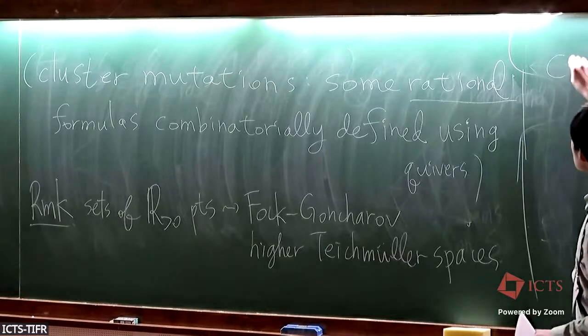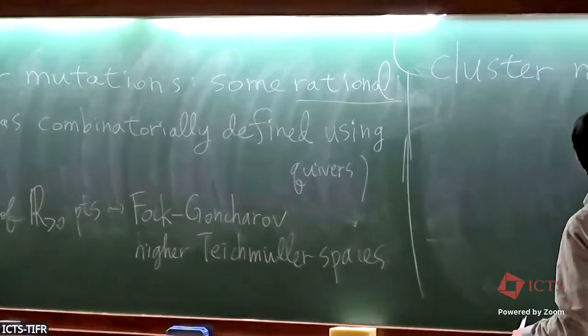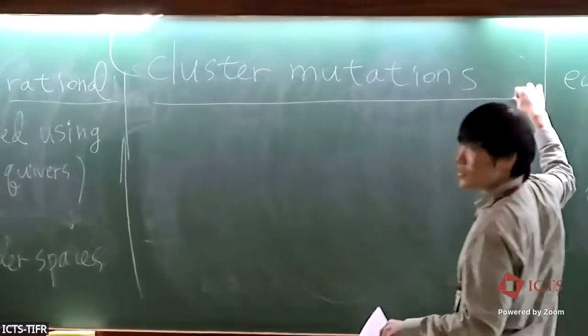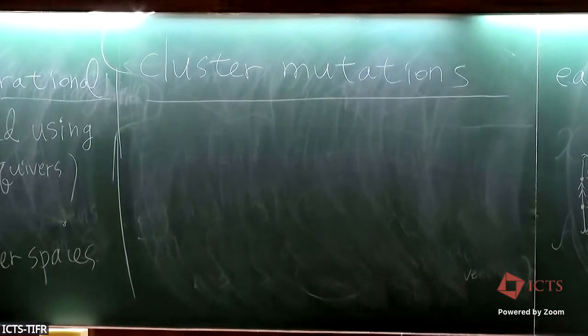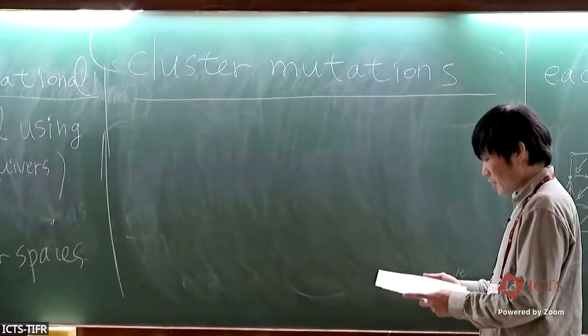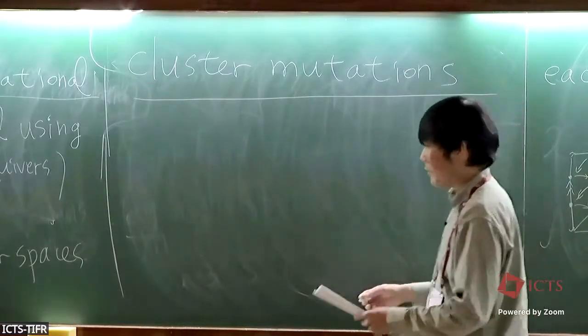So cluster mutations. Well, if you already know something about cluster algebras and cluster varieties, the formulas that I'm going to be giving are not the most general possible, but general enough so that it contains this A SLN and X PGLN.